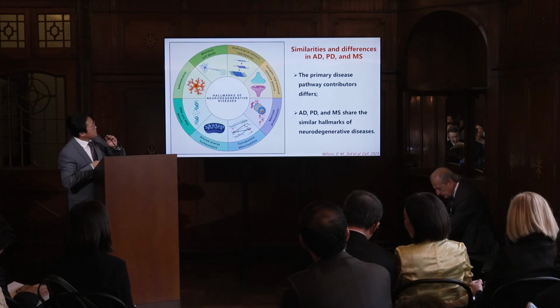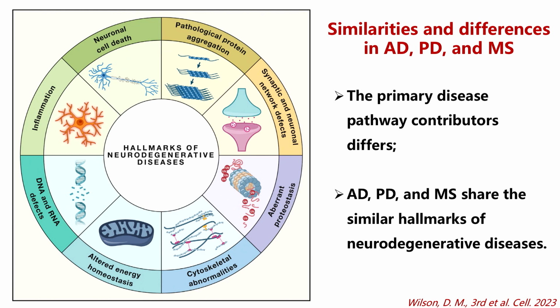This is just appear in Cell, this review, again attempting to summarize the common elements that occur in Parkinson's disease, Alzheimer's, and MS. So you can appreciate that inflammation does exist in all these spectrum of conditions.